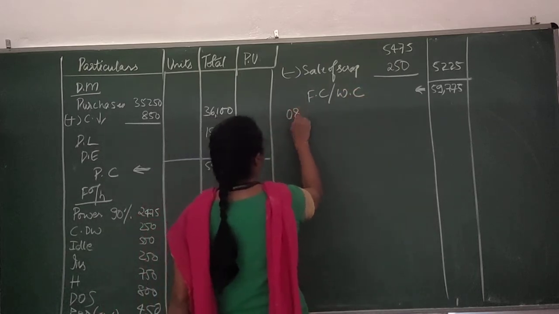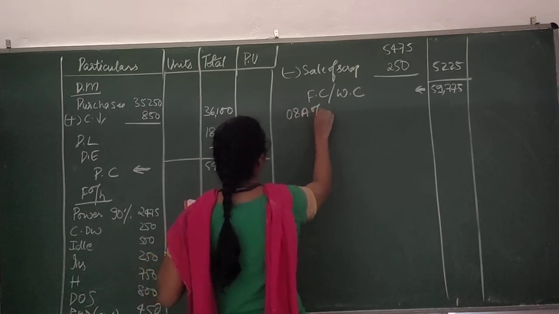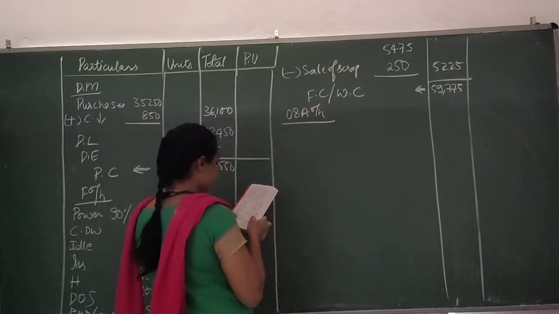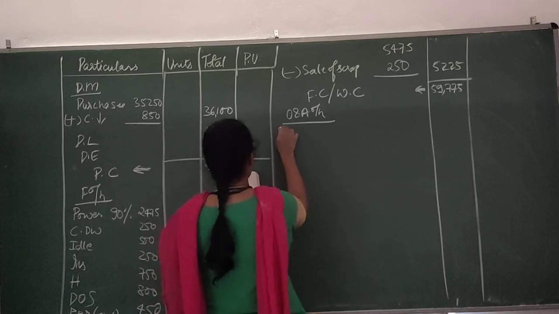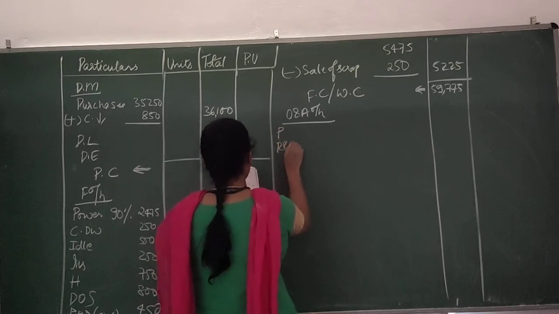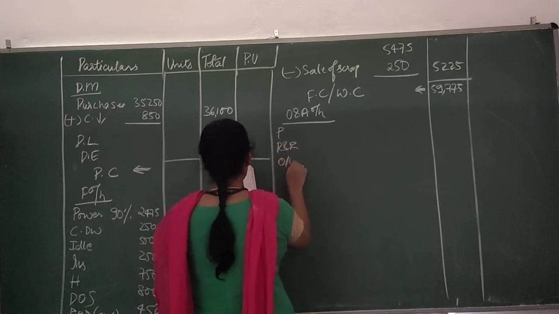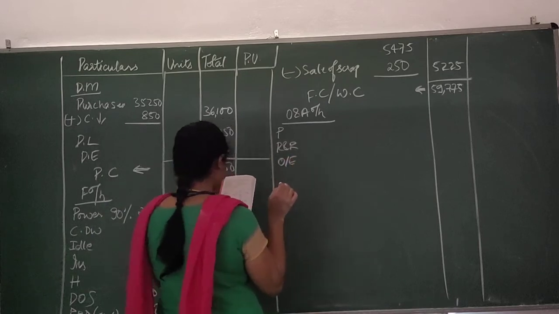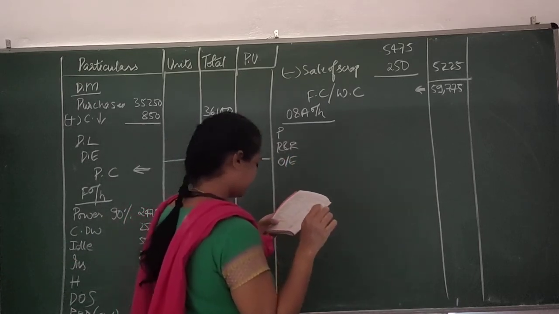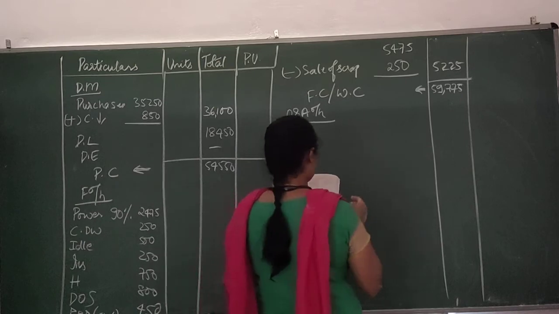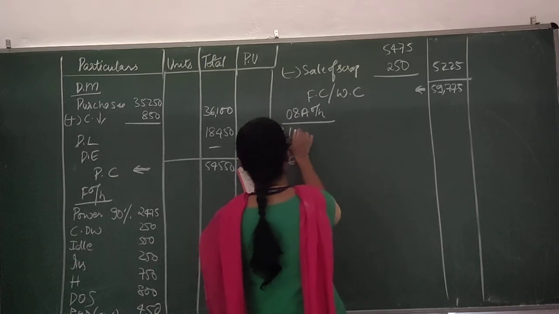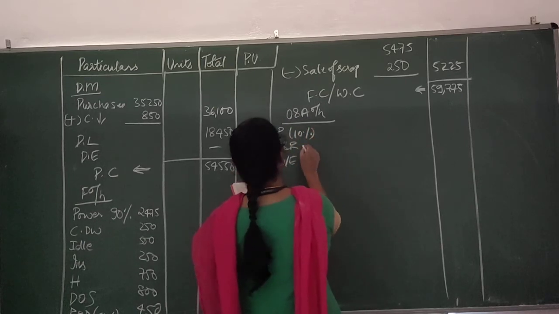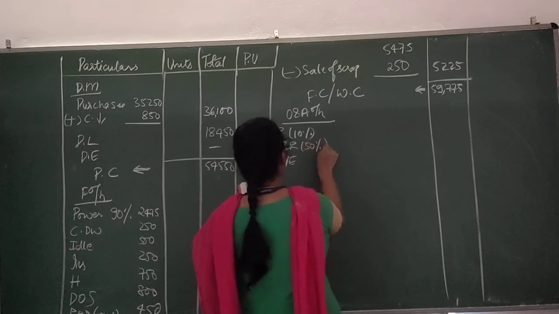After that, you have office and administration overhead. Office and administration overhead, you have 4 items. One is power, rent and rates, and office expenses. When you take the total, here in power it is only 10%. Rent and rates it is 50%. Okay.